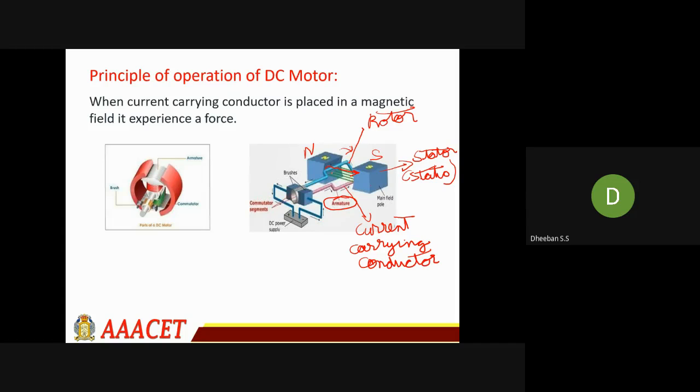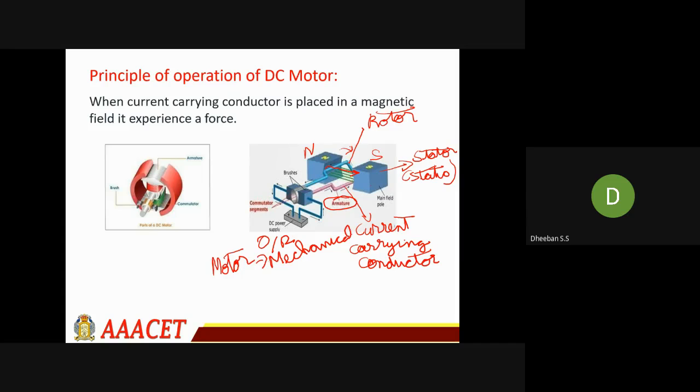When this is rotating, the magnetic field of flux will be cut, so there will be some kind of forces generated over here. This is in case of your motor, where your output will be mechanical force.